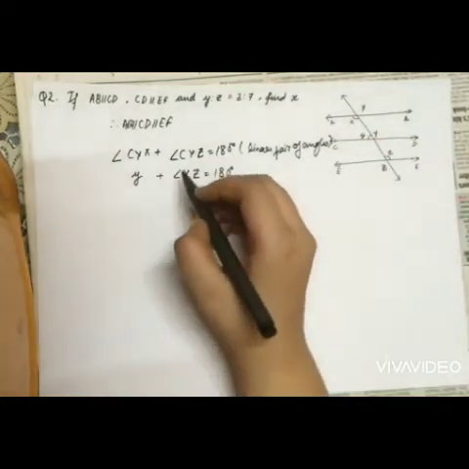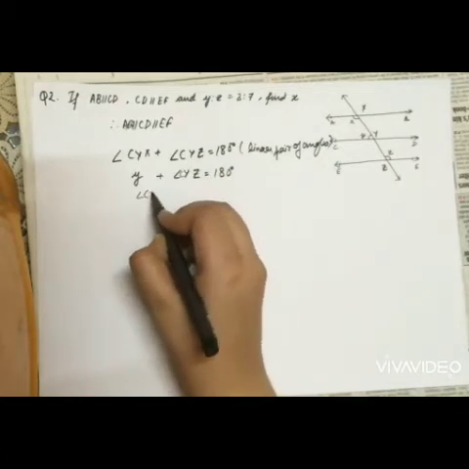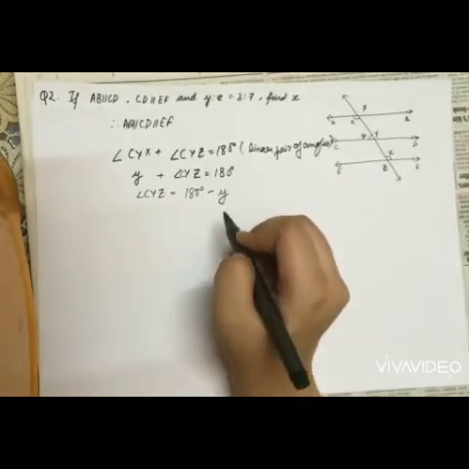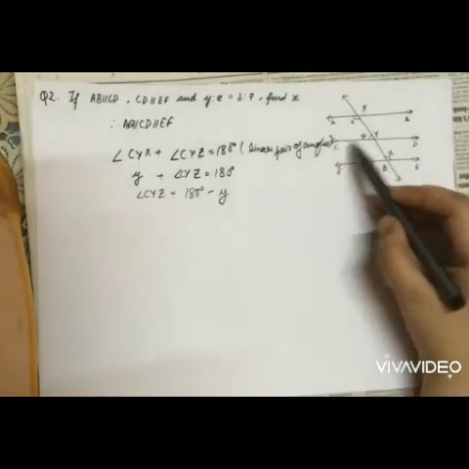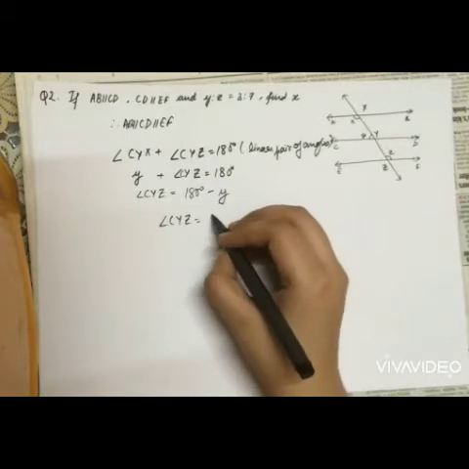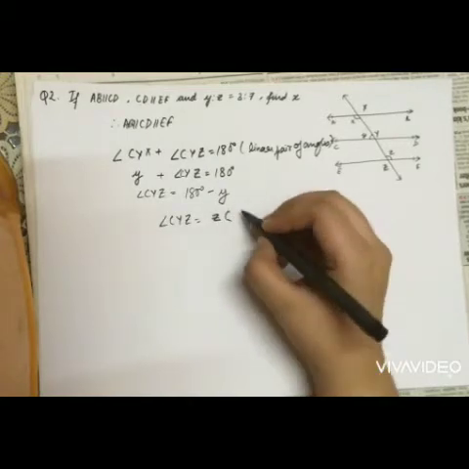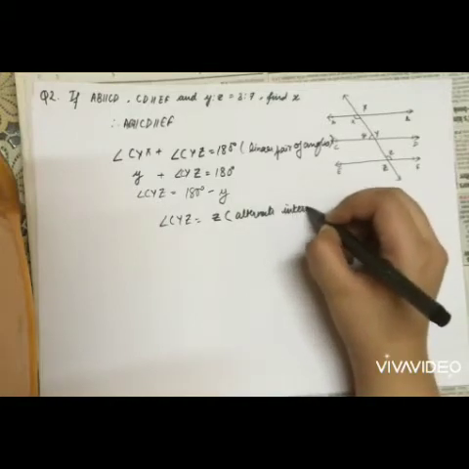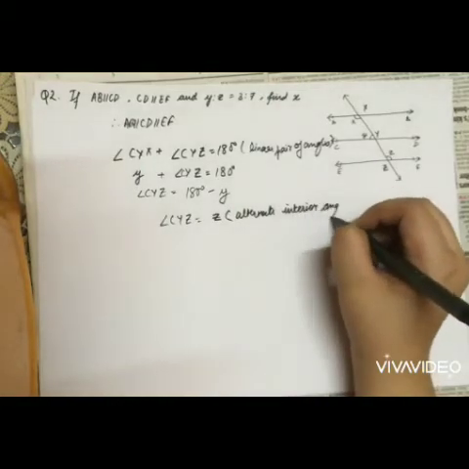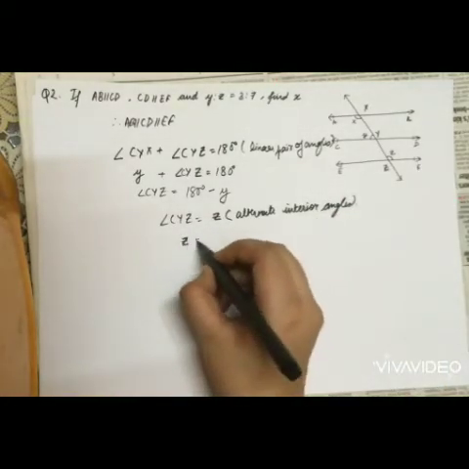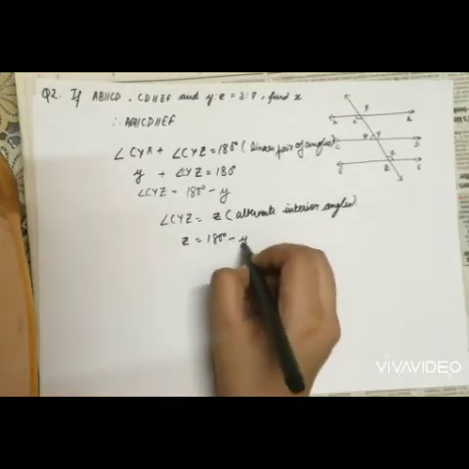Now angle CYZ is equal to 180 degree minus y. So now angle CYZ is equal to small z. Why? Because of alternate interior angles. Therefore z is equal to 180 degree minus y.